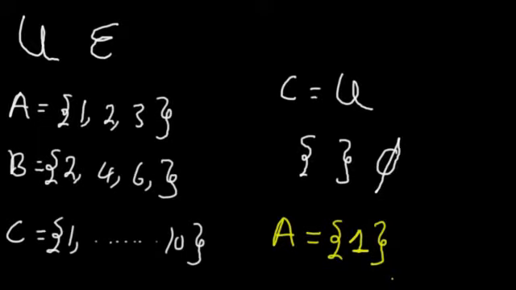Now, there are some things I want you to take note of. If you have a situation like this, now I will direct a question to you guys. Is this particular set a single set? That is, is it a unit set or an empty set? The particular set B is not an empty set.